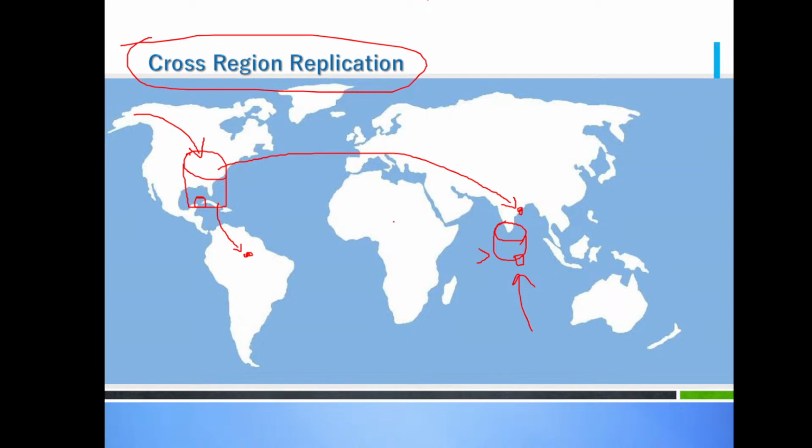Now let's say they decided to give the service in the Africa region. So what do they have to do? They have to upload a copy here, a copy here, and a copy here. Three times they have to upload the copy.